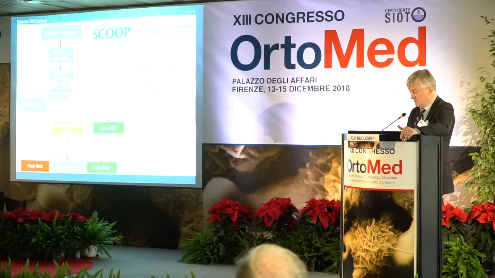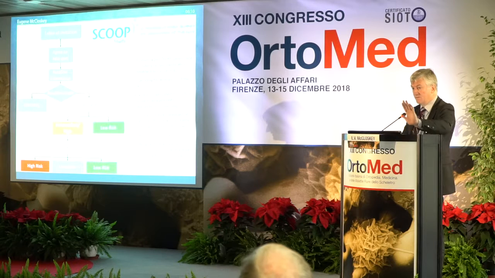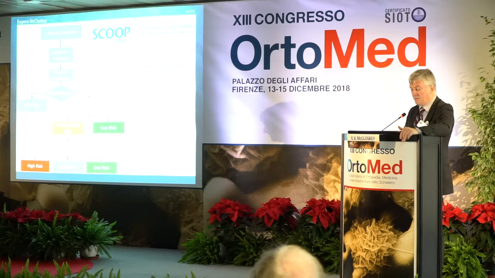And this is the SCOOP study that we published in the Lancet at the beginning of this year. So in this study, we identified about 100 GP practices in 7 centres in England. We wrote to all the women aged 70 to 85 years on their lists who had not been excluded. Some of them had been excluded by the GPs because they were already on osteoporosis medications, or they had dementia or some other condition that would limit their participation.